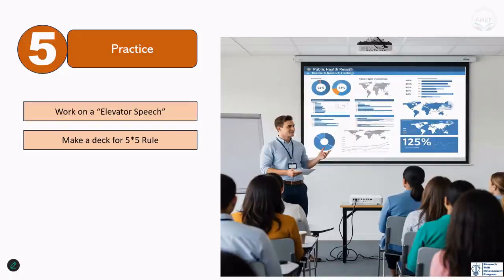What is this 5 into 5 rule? This is the second level of practice. If you are getting only 5 minutes to present your case, which is a very common use case in many meetings, where the first few presentations go very fast. In the last RR meeting, our honorable vice chancellor said that you take only 5 minutes to present it.